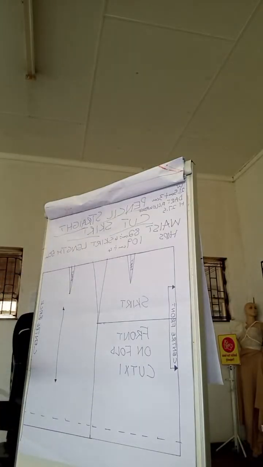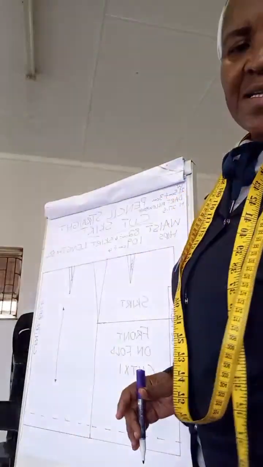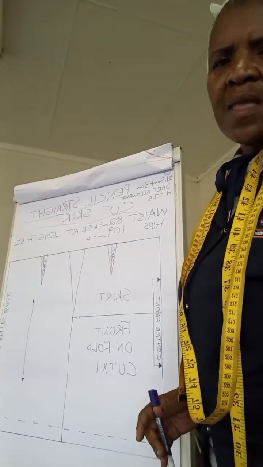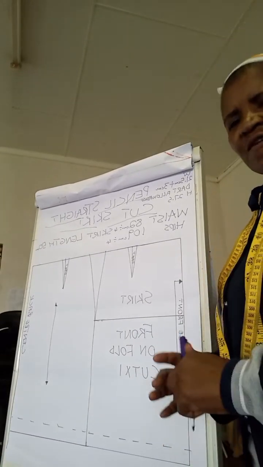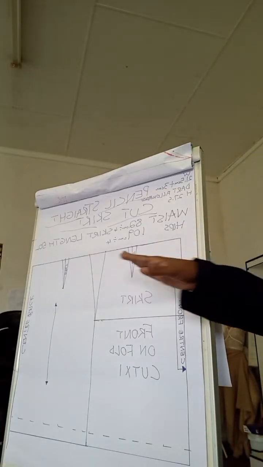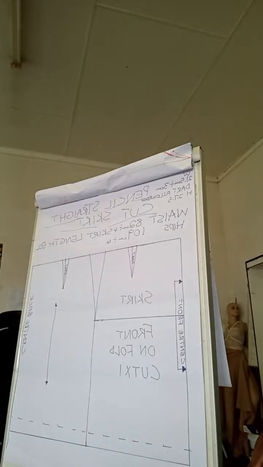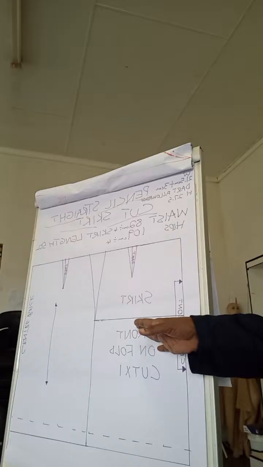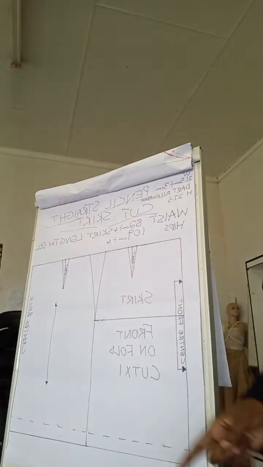Now, we are done with the actual drafting. Anybody can see. We are done with the actual drafting. This is your block pattern. From the block pattern, you go into a working pattern.